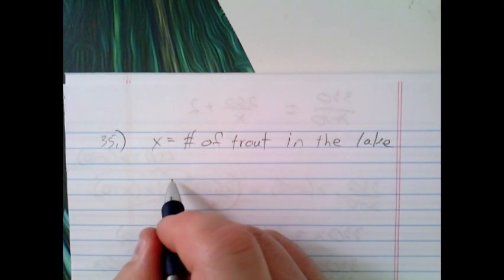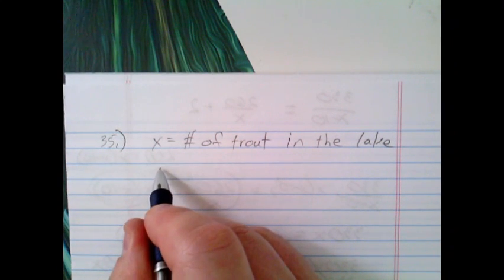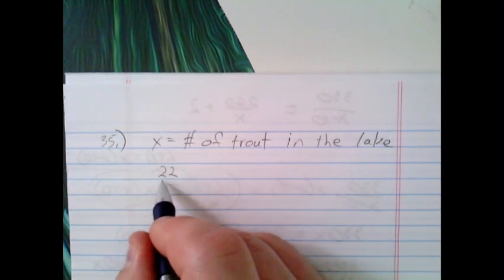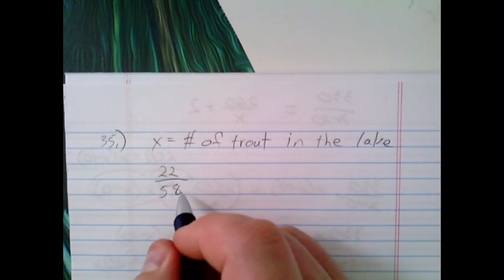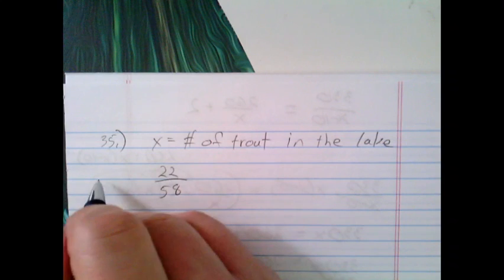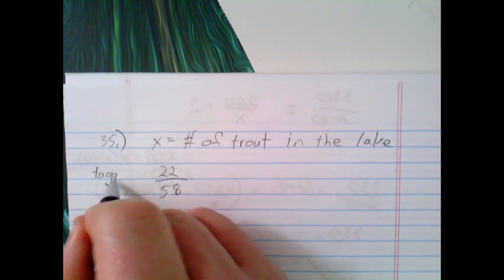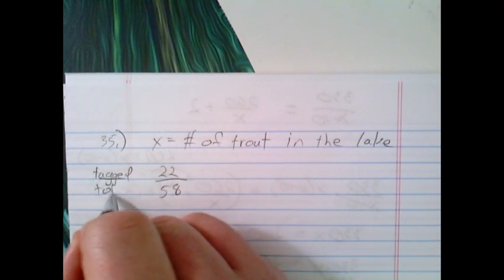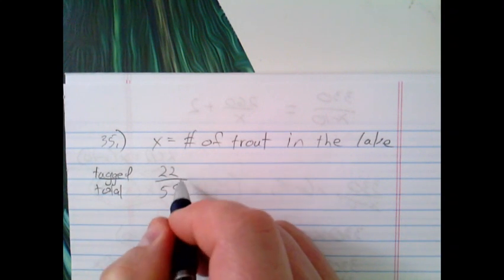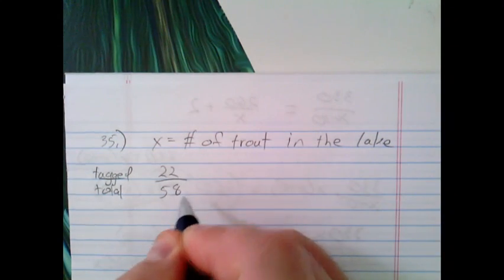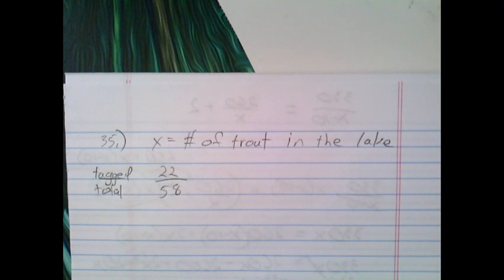Okay. Now, if I take the 22 that had tags out of the 58, this gives us a ratio of tagged to total. The assumption that drives this problem is that the ratio of tagged to total in the sample would be about the same as the ratio of tagged to total in the entire lake.